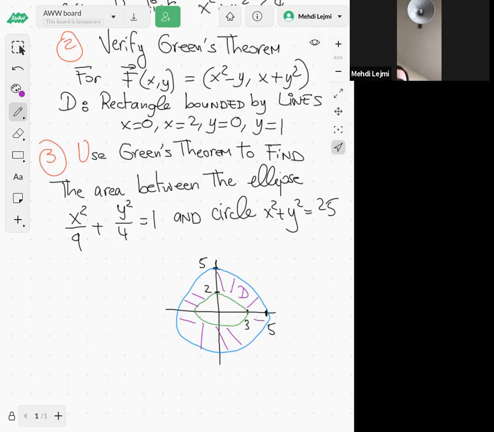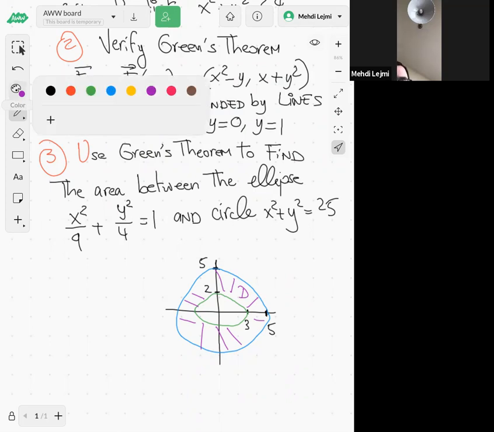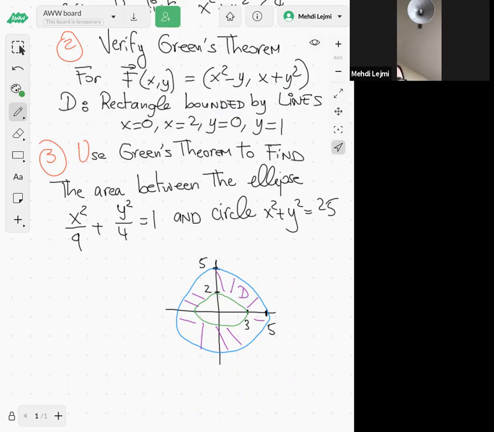So what we are saying, guys, is that of course the boundary of this region D would be these two curves, this C1 here, right, and of course the ellipse C2.